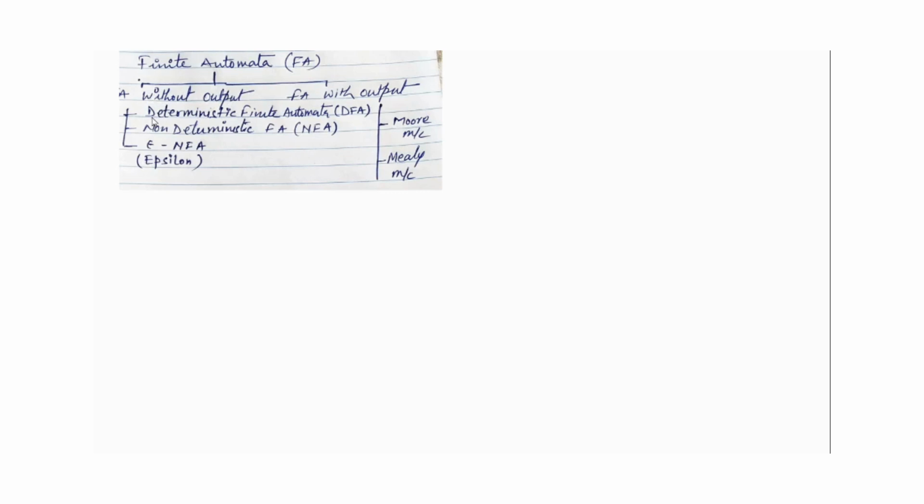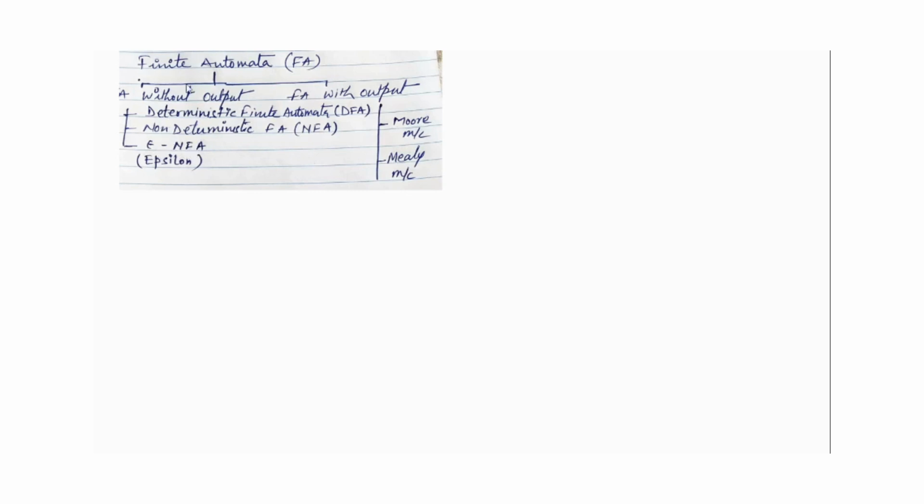The first one is deterministic finite automata, which is also known as DFA. The second is non-deterministic finite automata, also written as NFA. And the third one is epsilon NFA, epsilon non-deterministic finite automata.